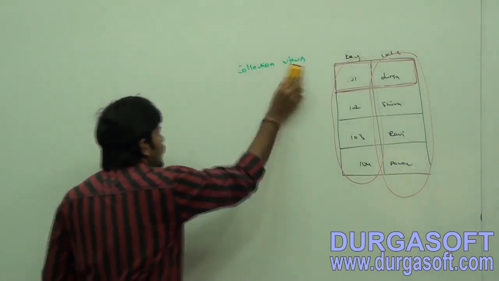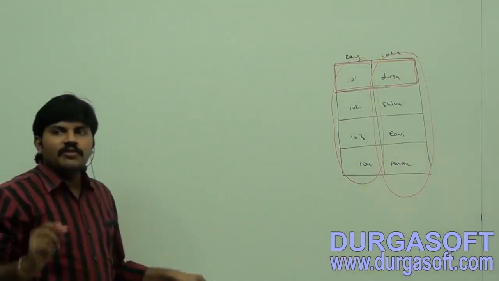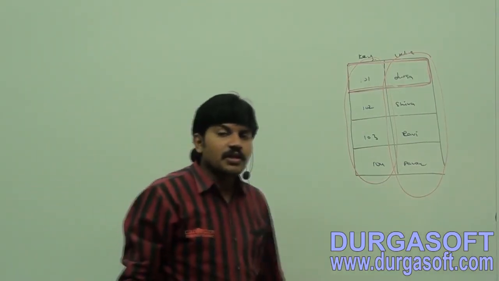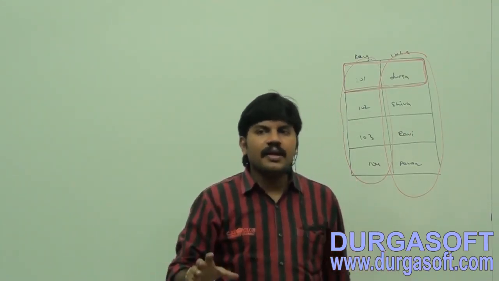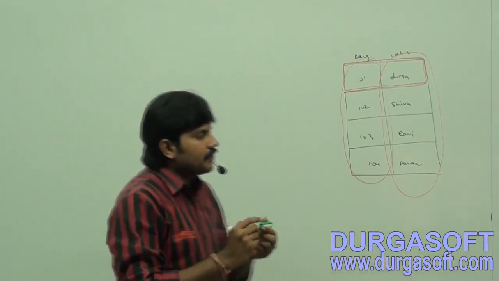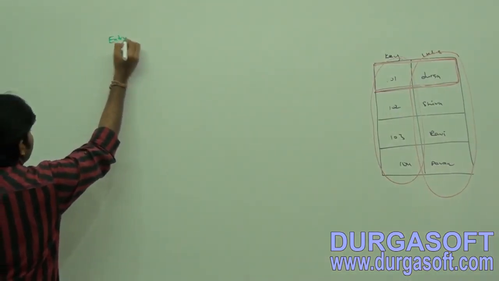Here there are three methods related to entry. Each key value pair is called what? One entry. On the entry, which methods can we apply? Entry interface.